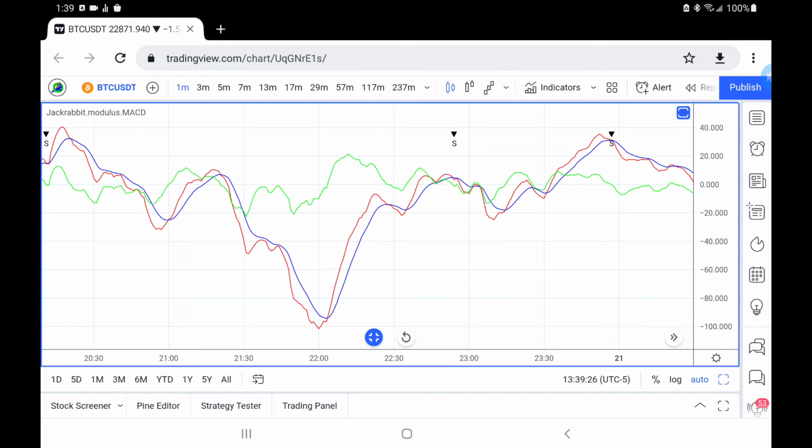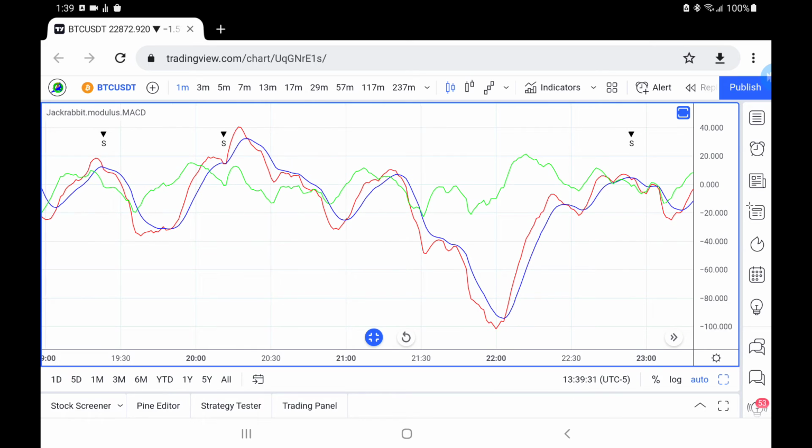Now, some crossovers just don't rank. So you have to understand, as you observe, that the algorithm filters out what is considered bad trades. In this case, in looking at the delta or the histogram, you see it's above zero. So that's suggesting that the market's not in a stable state.